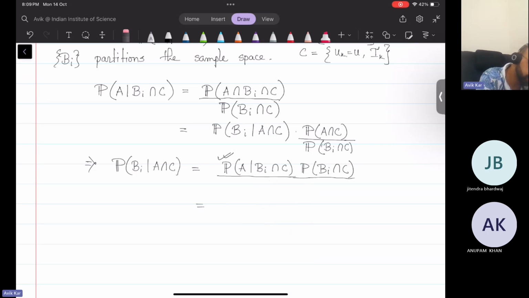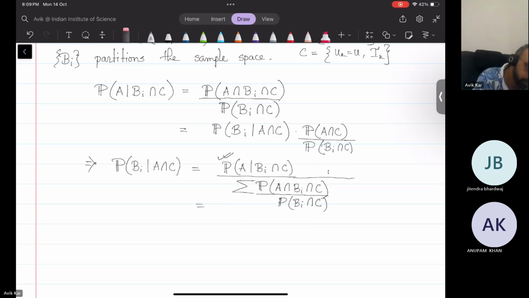So instead of this, let us write the probability P and then bring the numerator here, probability B_i intersection C, and this is what we wanted, with the sum over j.